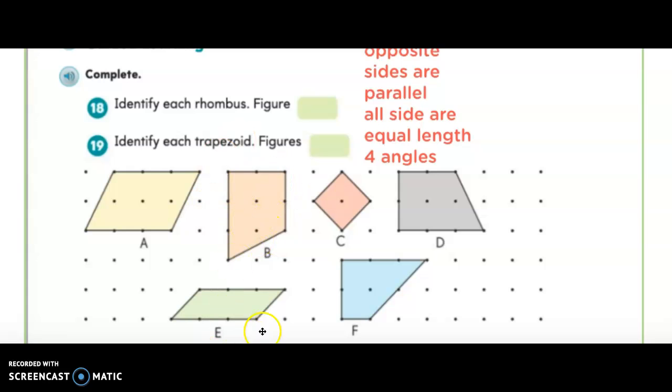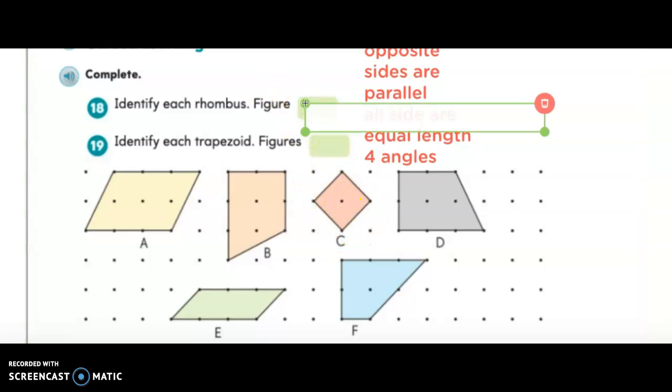This doesn't have equal sides. This doesn't have equal sides. Neither does this and this, which leaves us with just figure C. If you look at figure C, opposite sides are parallel, all sides are equal, and there are four angles. So for this one, it is figure C.